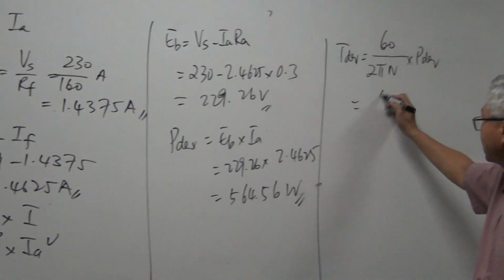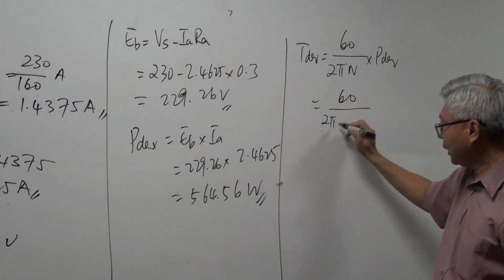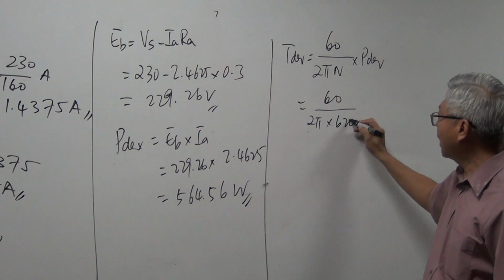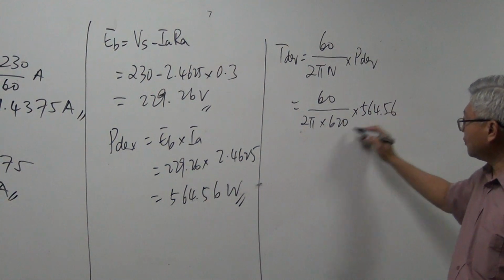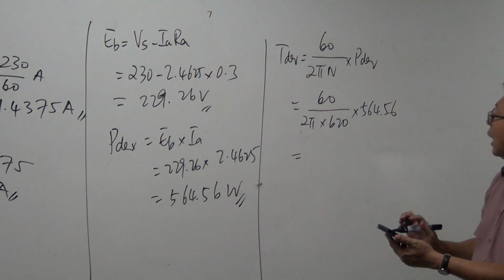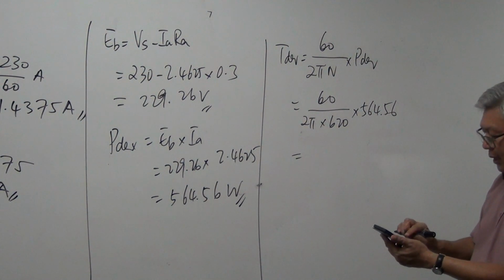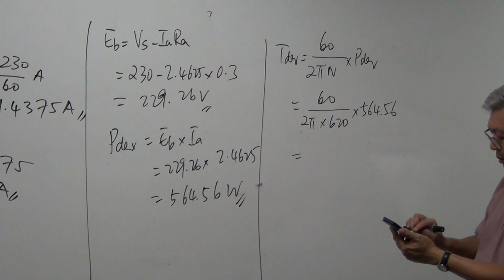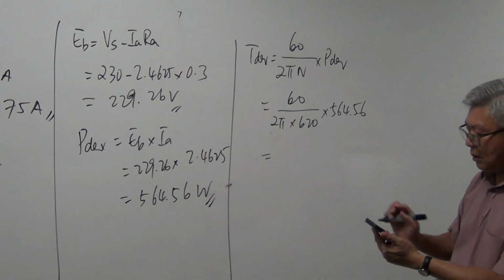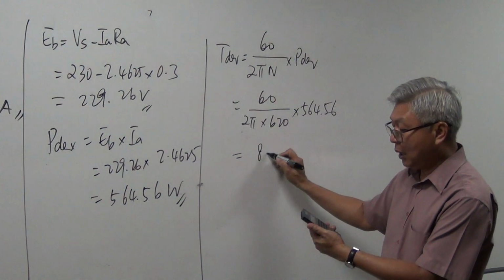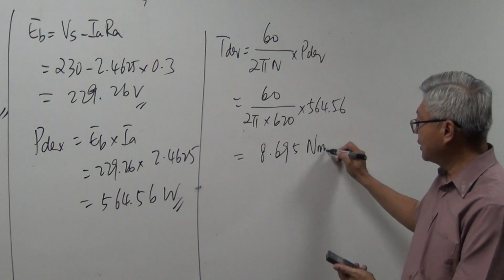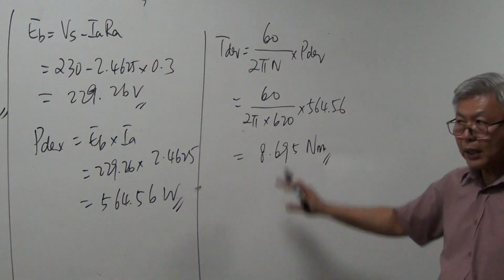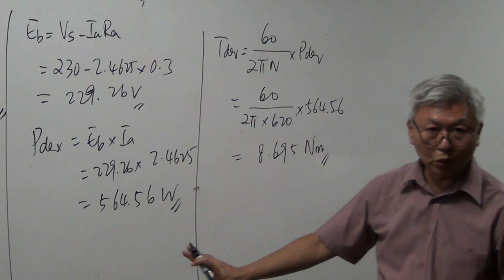Then this is 60 divided by 2 pi multiplied by 620 RPM, multiplied by the power developed. So I use my calculator. So that is equal to 8.695 Newton meters. Okay, so that is the mathematics about the shunt motor.